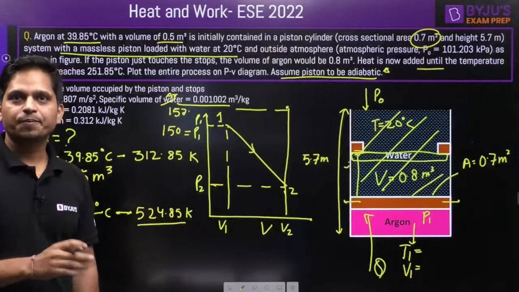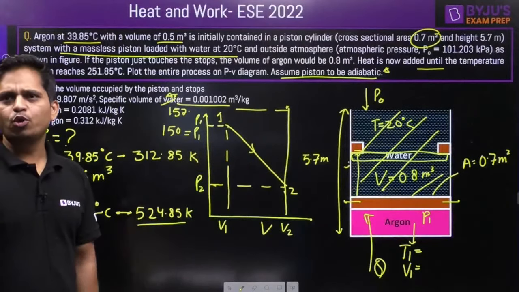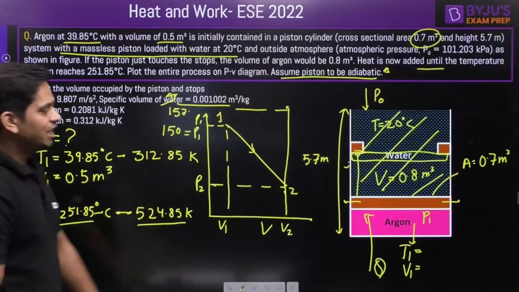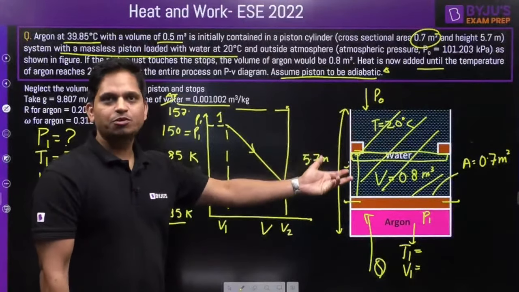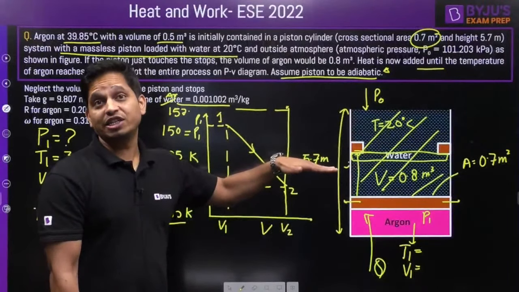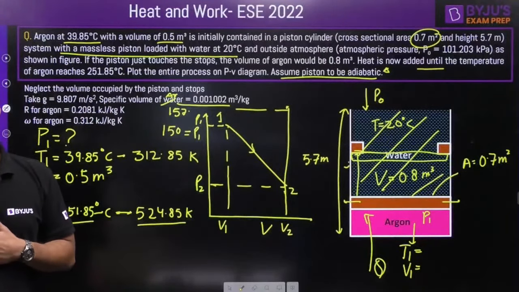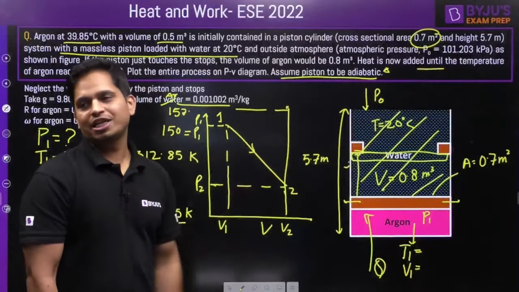So basically this is its PV diagram. Is this okay? I hope you are able to understand this. So when I reached this point, I did not stop, I am giving it heat. So it is now constant volume heat addition. Earlier I did not know what kind of heat transfer is happening. But now I know that constant volume heat transfer is happening.